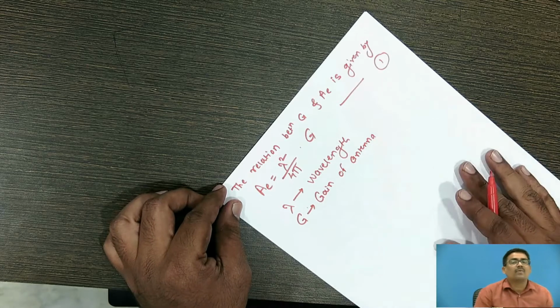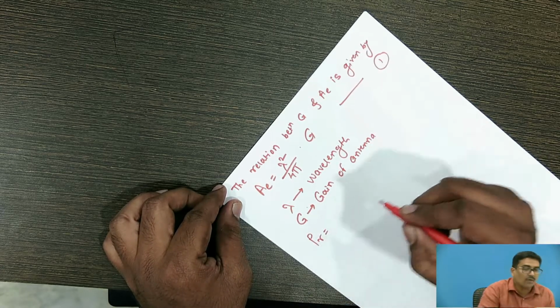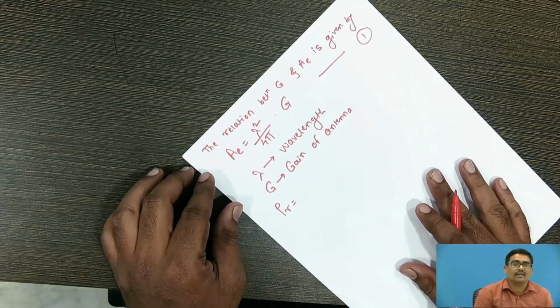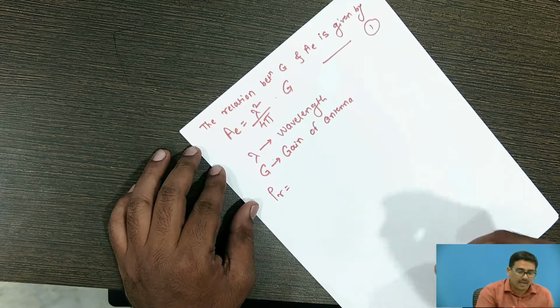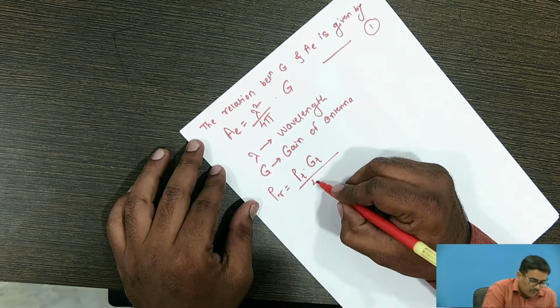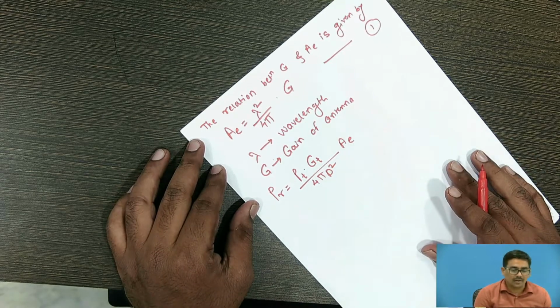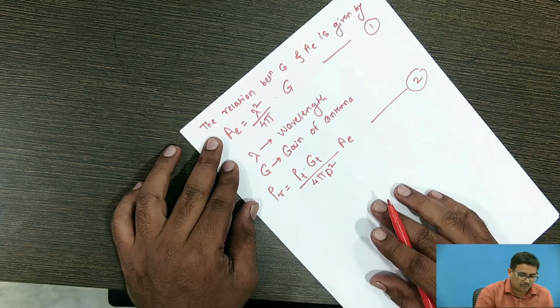Now for the sake of purpose I am once again writing the PR equation. Everyone pause the video and write down the PR formula, that is the received power formula. So the PR formula becomes PT into GT divided by 4 pi d square into A. This is equation number 2.